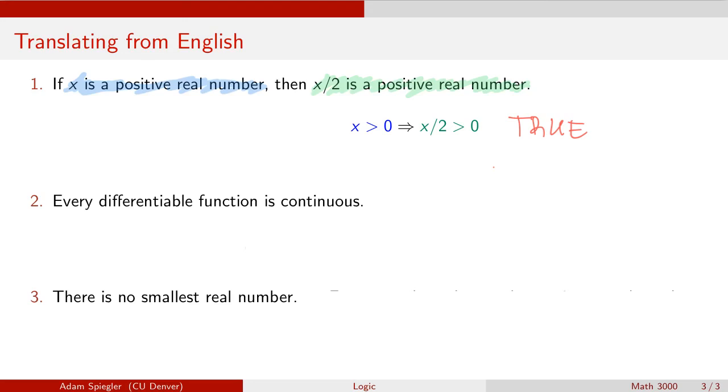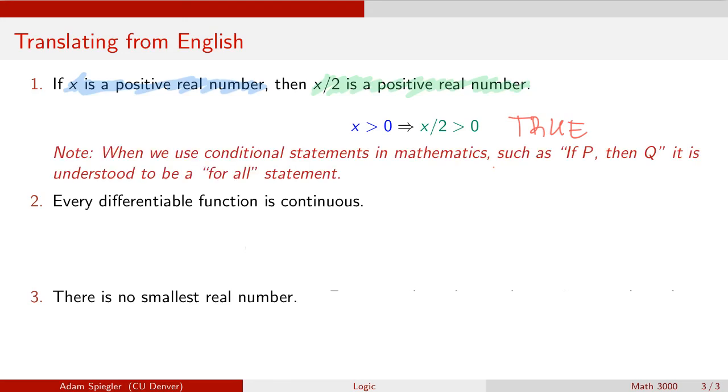And so when we're reading these conditional statements, it really should be understood as a for all statement. And so we would usually put a for all x in R to mean for all real numbers x, if x is positive, then x over 2 is positive. So this quantifier, this universal quantifier, it's good to get in the habit of placing that before any of these conditional statements.